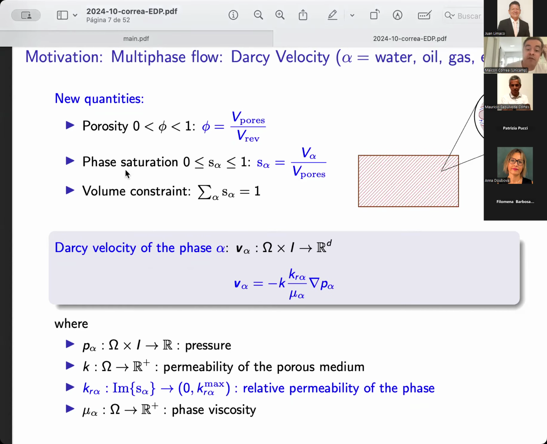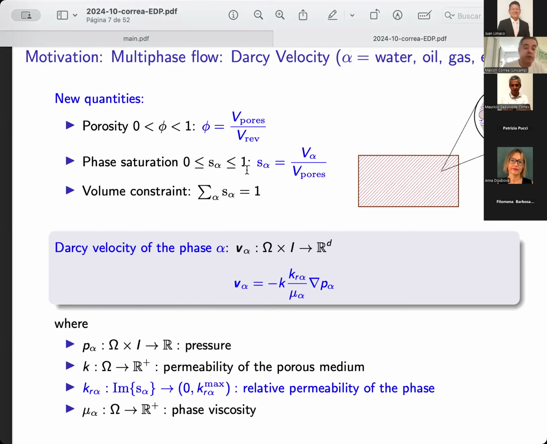And now we have the phase saturation. The phase saturation is the fraction of the volume of the phase inside the pores. So it can be 0 because, for example, if the saturation of water is 0, it means that we don't have water there. And it can be 1. If the saturation of water is 1, we have only water.